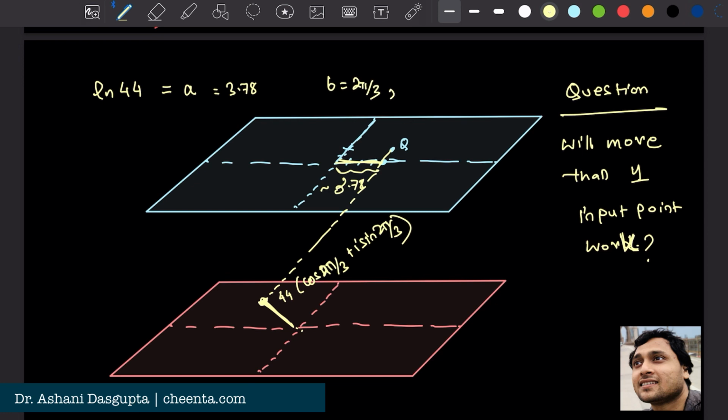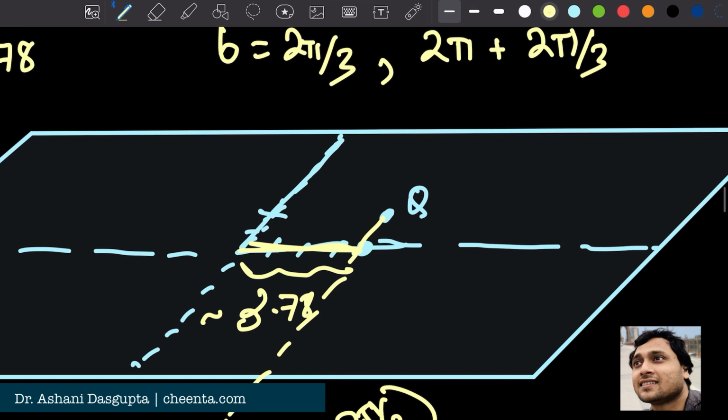What if we choose the angle to be 2 pi plus 2 pi by 3? So instead of 2.09, what if we have approximately 8.37? So it will be a bit higher along this line.